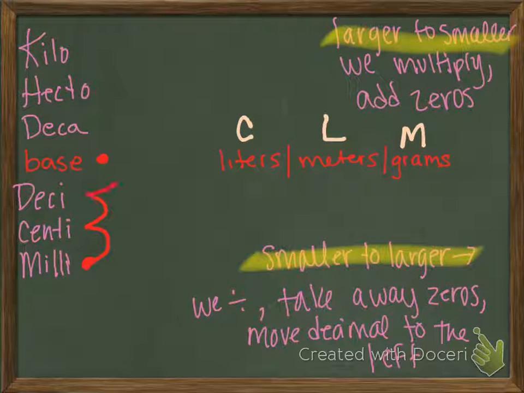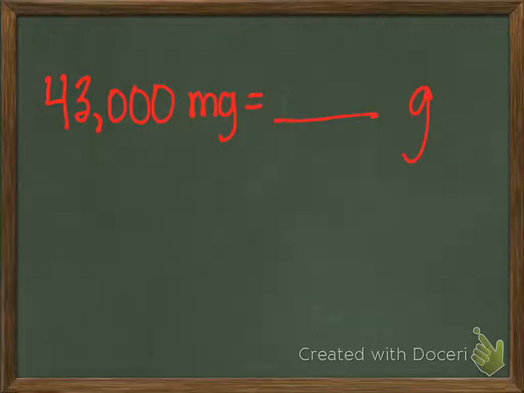We're jumping up 1, 2, 3. We're going smaller to larger. It says that we take away zeros, move decimal to the left. So let's go back to our problem. So we know to take away 3 spots, 3 zeros, 1, 2, 3. So 43,000 milligrams equals 43 grams.